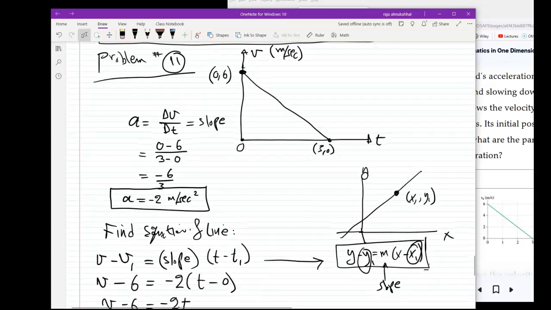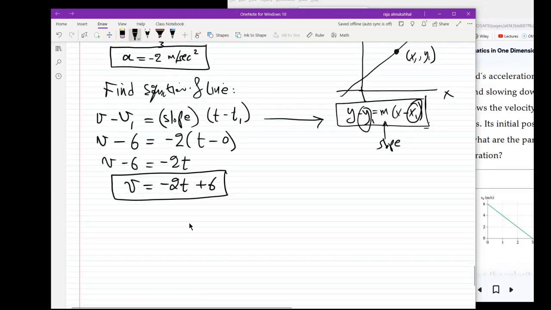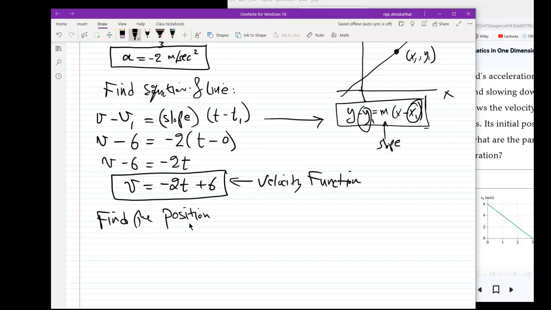Okay, so I already got the velocity function. Here it is. I'll come back to it to answer some of the questions, but I'm now concentrating on finding all of them. So here's the velocity function. So I need to find the position function, or distance function.